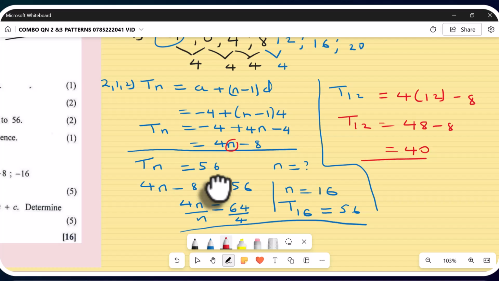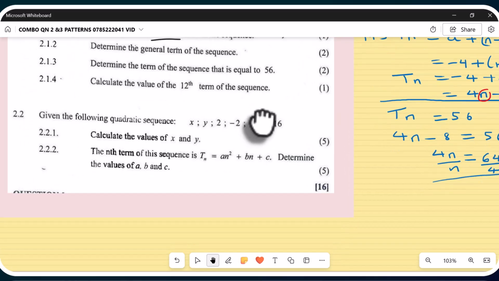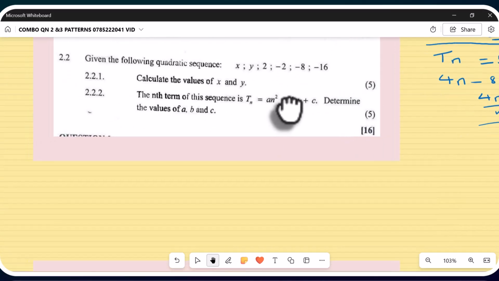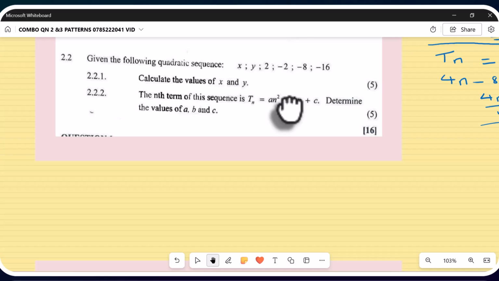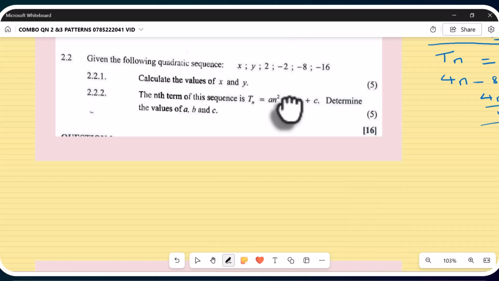So negative 4 minus 2 plus y equals negative 2. Negative 4 minus 2 is negative 6, so y equals negative 2 plus 6, giving us y equals 4.